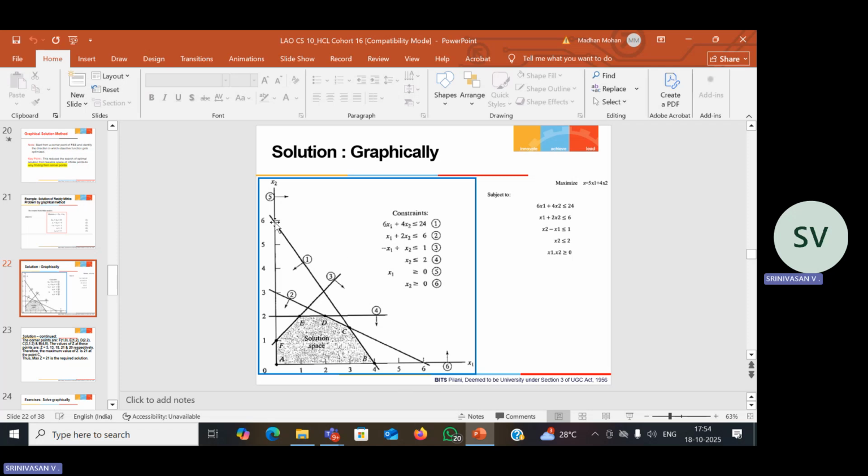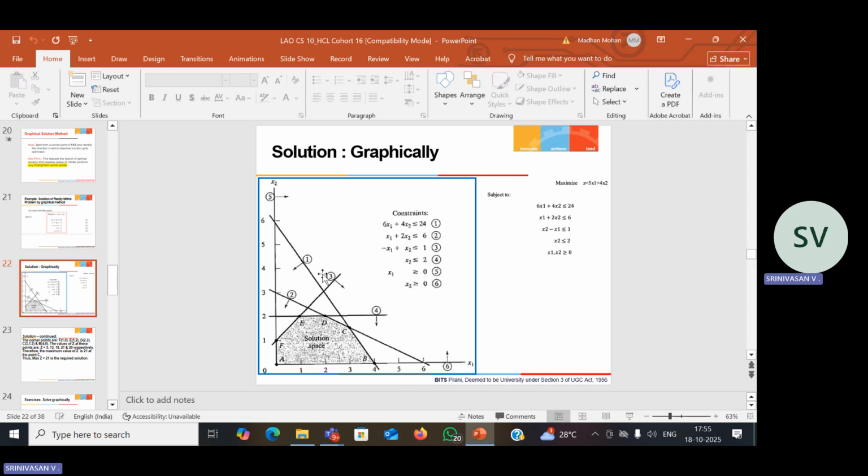You can think of so many things like that. 6 into 2, 12. 4 into 3, 12. 12 plus 12, 24. So it is 2, 3. This is 2 and this is 3. Isn't it? So like that, you take at least one more point.